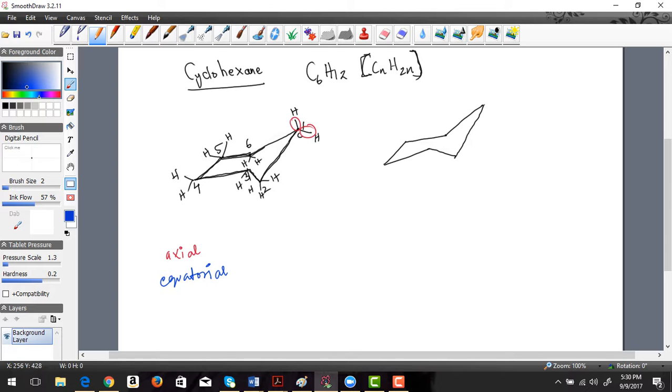In all these 6 carbons, you have 2 sets of bonds for each carbon. One of the bonds is axial, the other is equatorial. I'm going to come back and draw these here, keeping the colors the same. So when you see a blue, it's equatorial. So let me actually draw it this way, blue and then red.